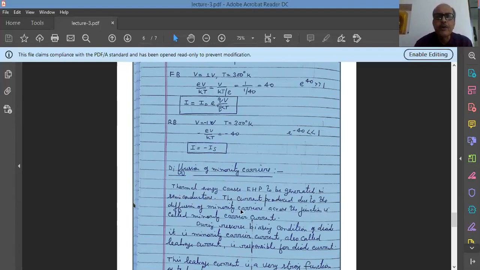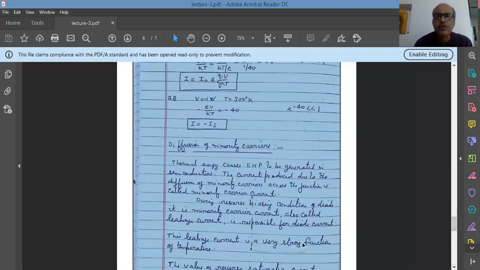The current produced due to the diffusion of minority carriers across the junction is called minority carrier current, and during reverse biasing, it is the diffusion of minority carriers that gives rise to the diode current. This current is also called the leakage current, and it's a very strong function of temperature.